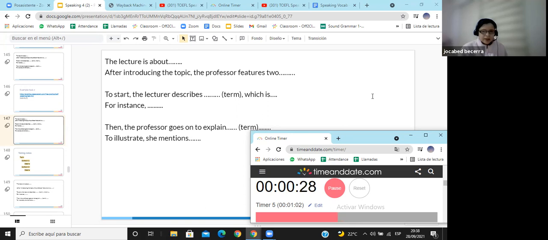And then the professor goes on to explain the second defense mechanism, sublimation, which is when people turn negative feelings into a practical function. And she mentioned the example when she goes to the training school for a dog in order to improve her skill and not get lost.